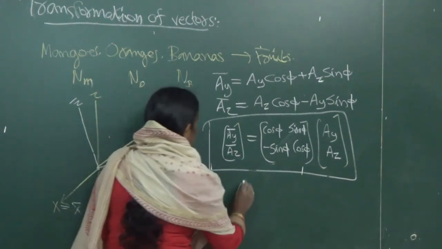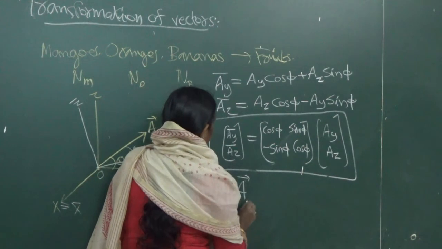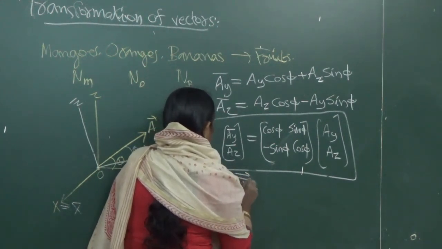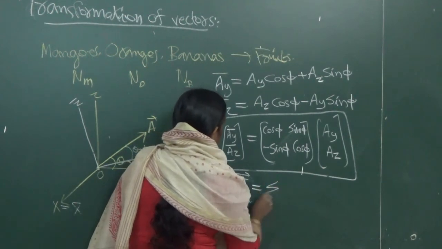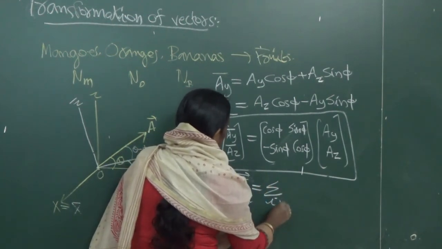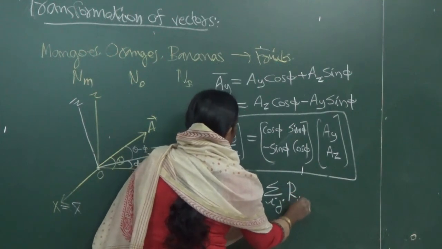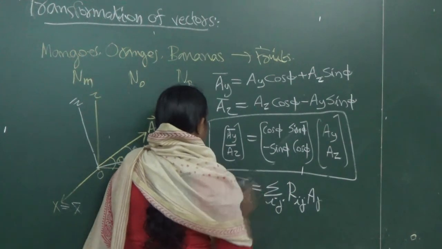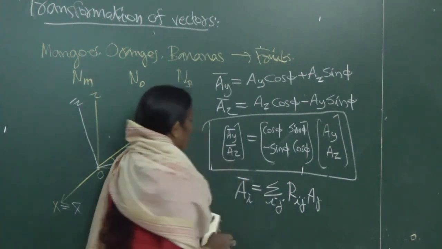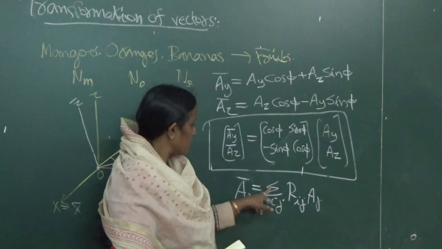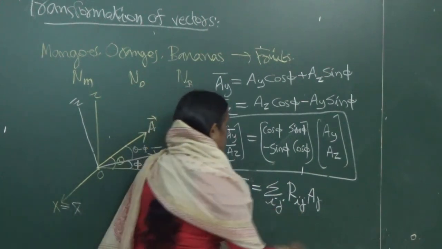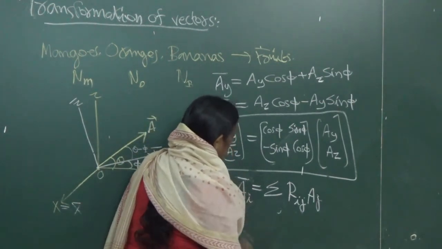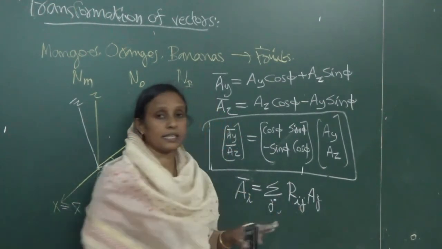So we can write vector A bar, Ai bar, equal to sigma over j of Rij Aj.